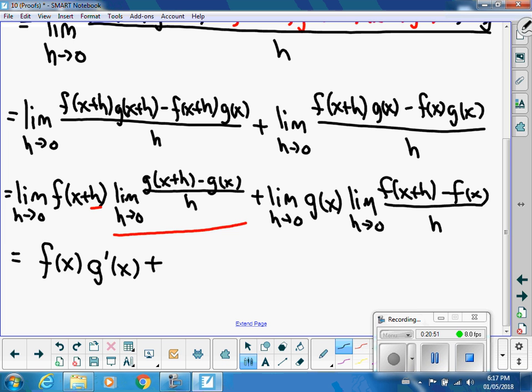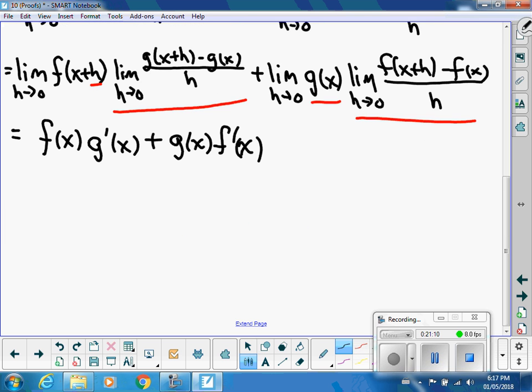When I look at the second half, as h goes to 0, h isn't even involved there. So I get g of x. And last but not least, I see the definition of the derivative of f. So this gives me f prime of x. They're in the opposite order from the rule, I'll just move them around.